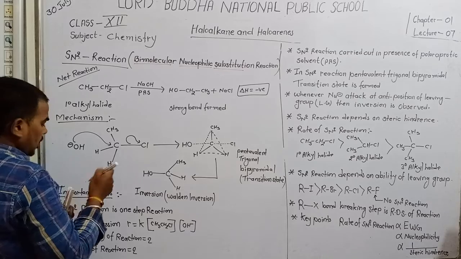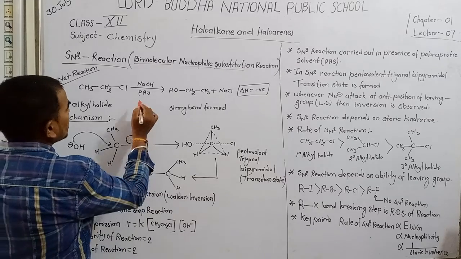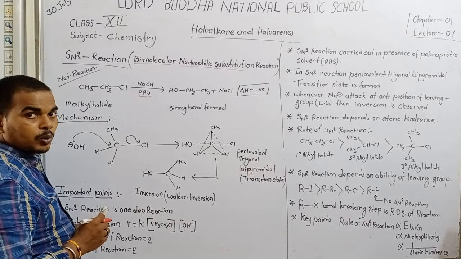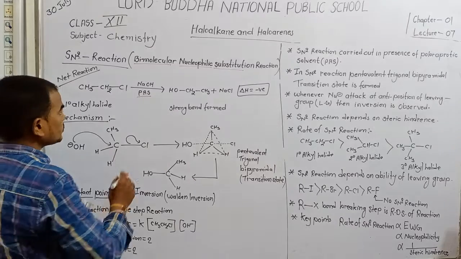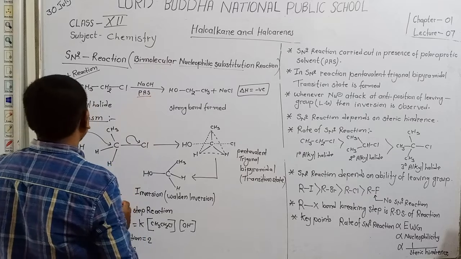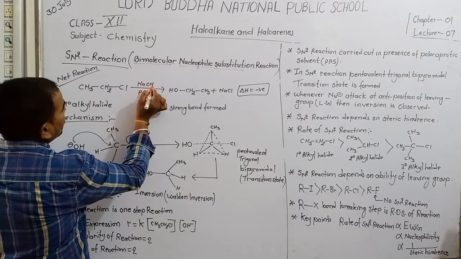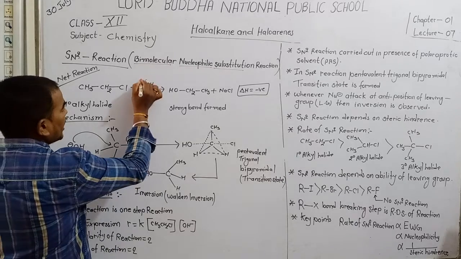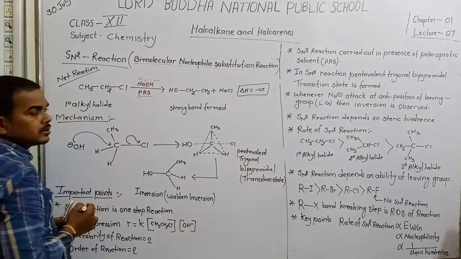In presence of a polar aprotic solvent, PAS, breaking of the NaOH bond takes place and forms Na plus and OH minus.